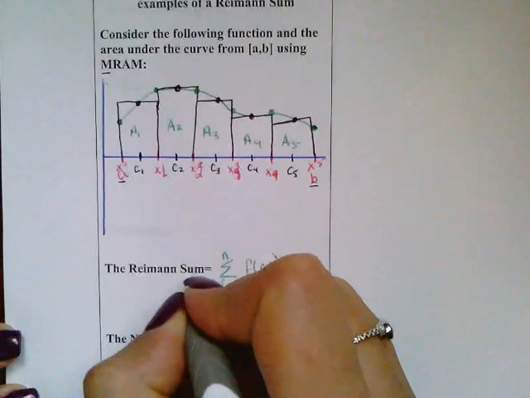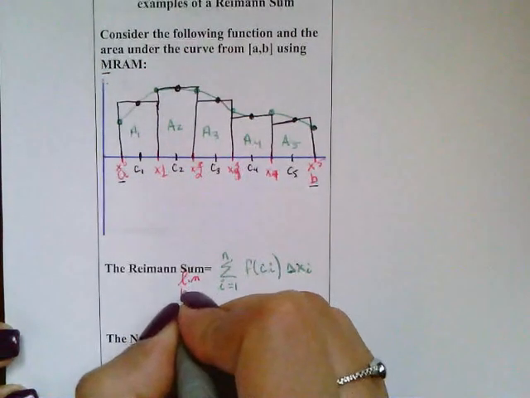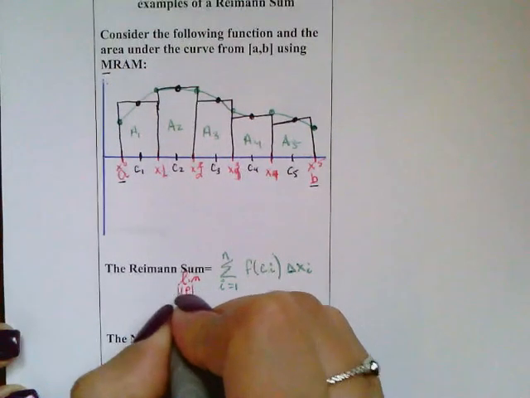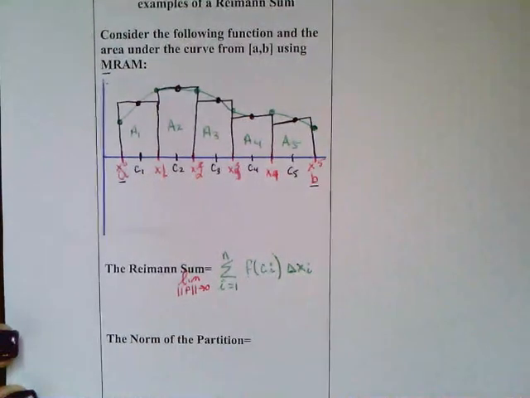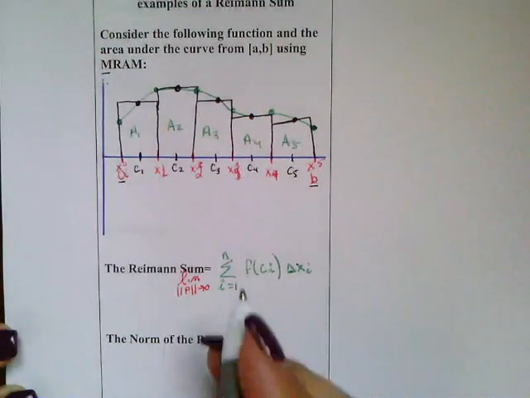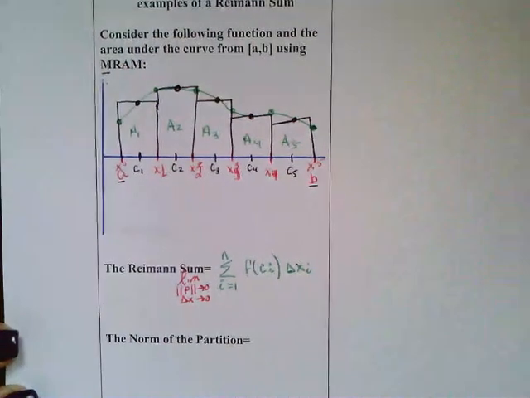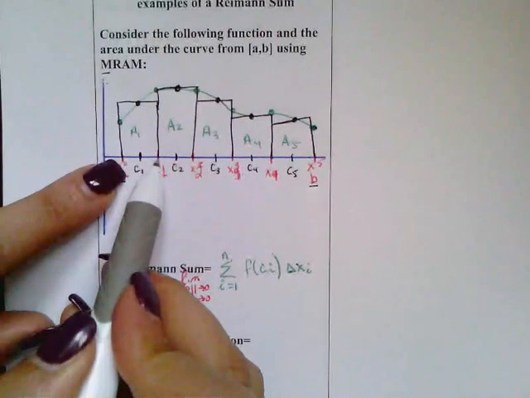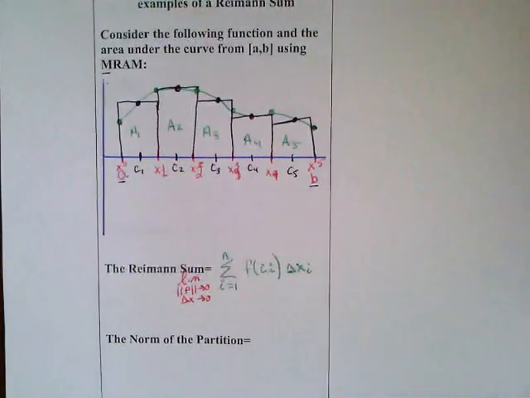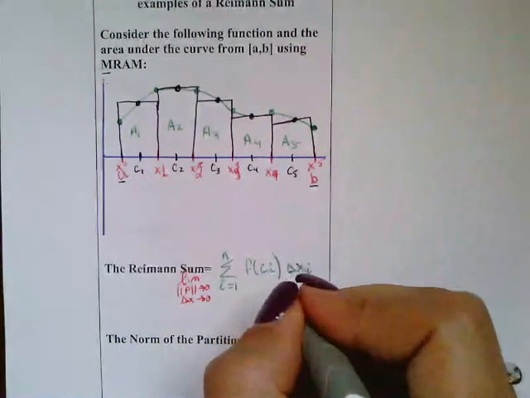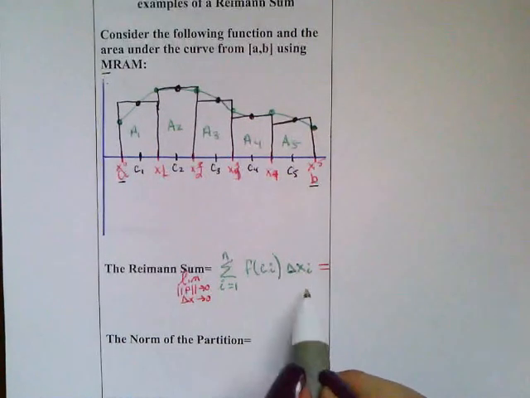Because I said that now, for the Riemann sum, we are taking the limit as the partitions, we're going to call it P with double lines, approaches 0. And then you take the sum. And the partitions is the same thing as saying change of x approaches 0. So it's as this partition gets smaller and smaller, so that you have a very, very small width. Now, it's important to remember the similarities between Riemann sum and the definite integral.